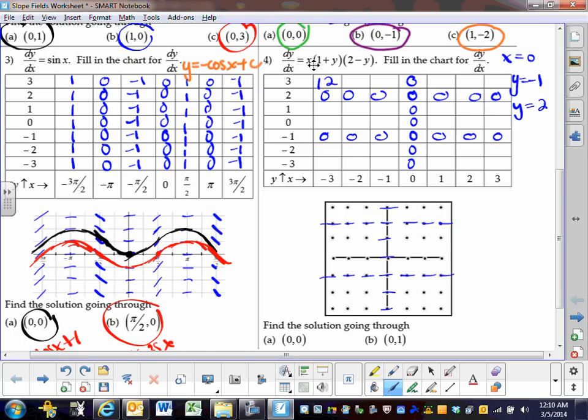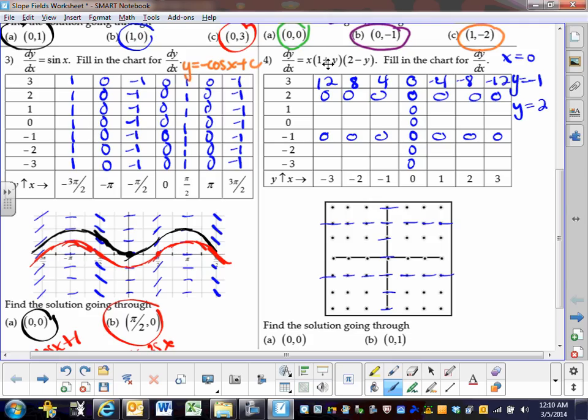If we substitute negative 2 times 4, negative 8, times negative 1, positive 8, negative 1 times 4, negative 4, times negative 1, positive 4. If x is 1 and y is 3, we have 1 times 4 times negative 1, so negative 4. 2 times 4 times negative 1 is negative 8. And then we get negative 12.